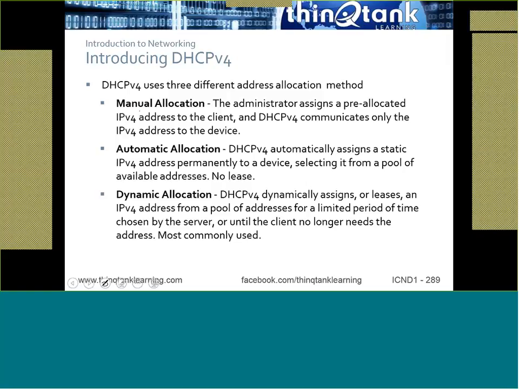That acknowledgement includes an address assignment, mask assignment, gateway assignment, and on top of that, it also includes a lease time, meaning that that client can use that address for a specific period of time.